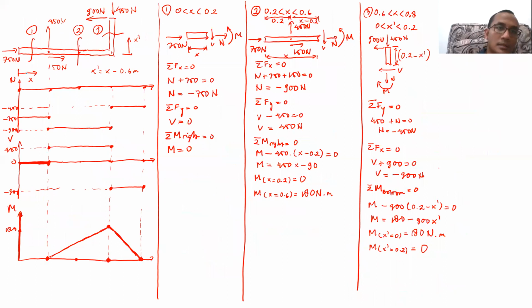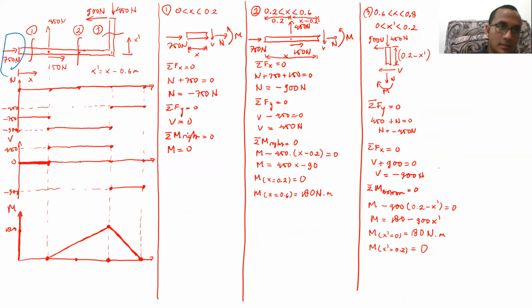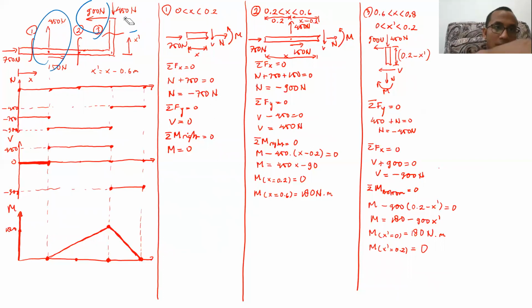You can see this is the free body diagram with the correct direction. 750 newtons here going to the right, 150 going to the right, 450 going up, 900 going to the left, 450 going down. That's all the input that we need.